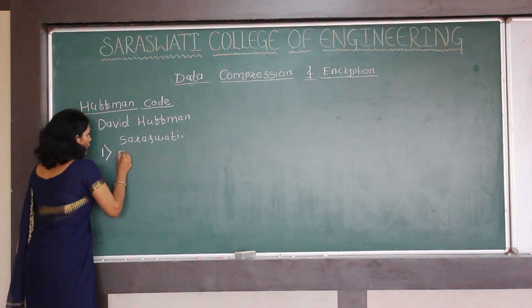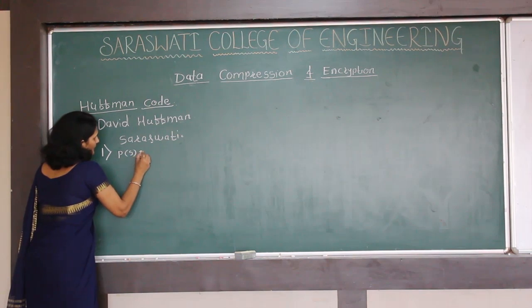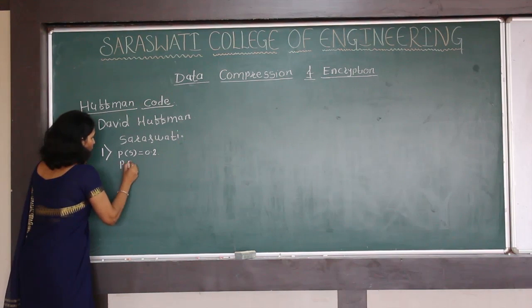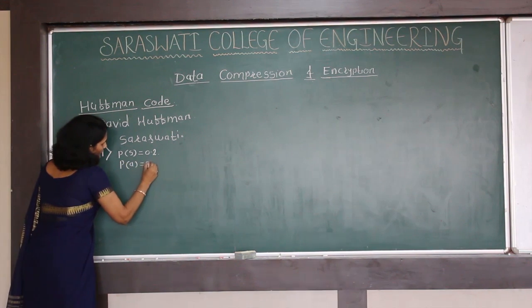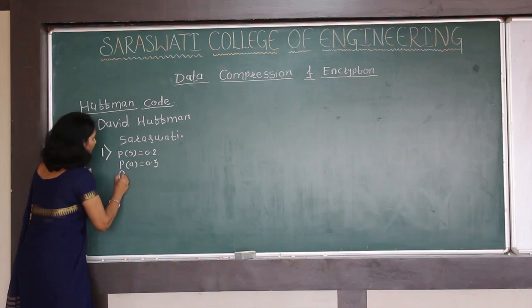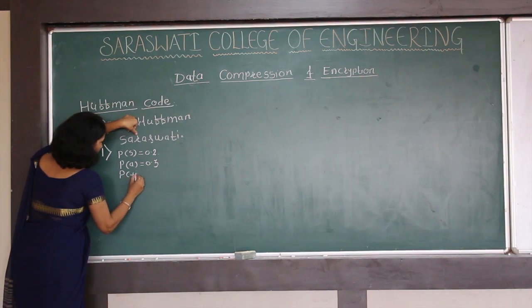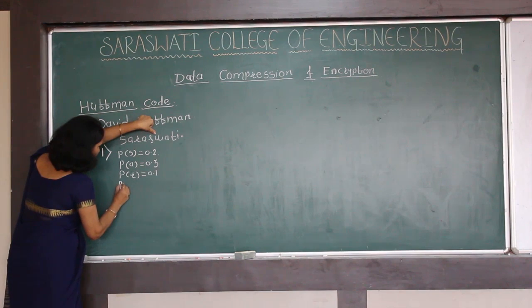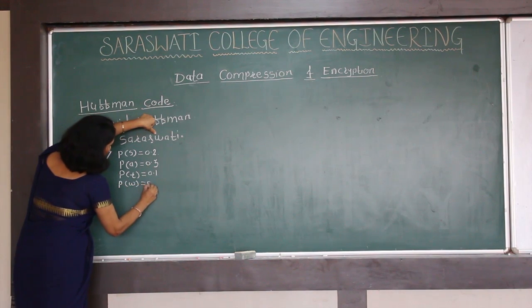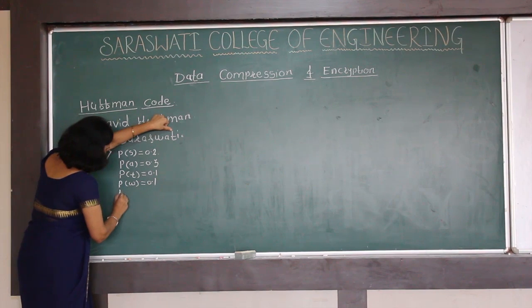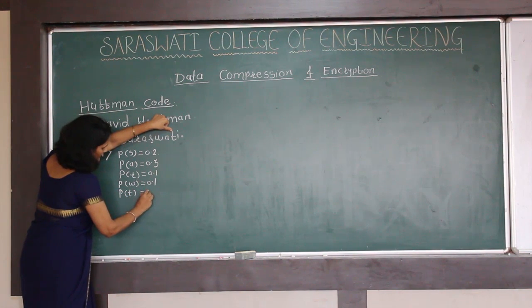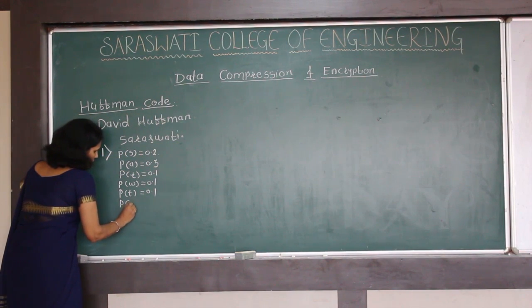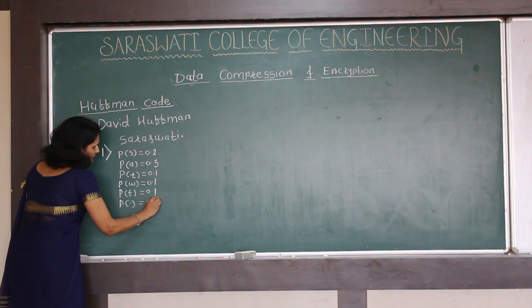First, P of S, the probability of S, is 0.2, then probability of A is 0.3, then probability of R is 0.1, then probability of W is 0.1, then probability of T is again 0.1, and the last symbol, the probability of full stop, is again 0.1.